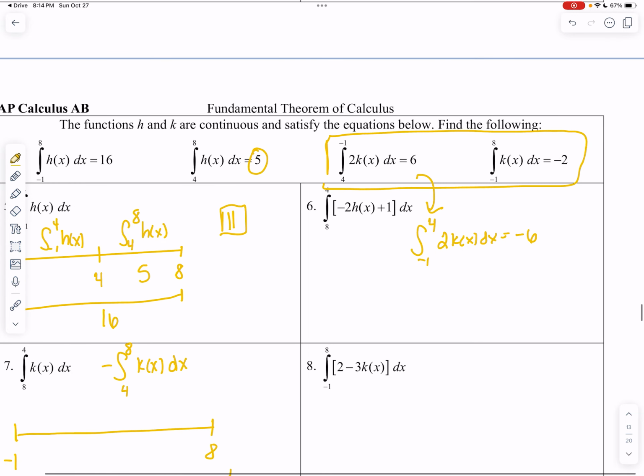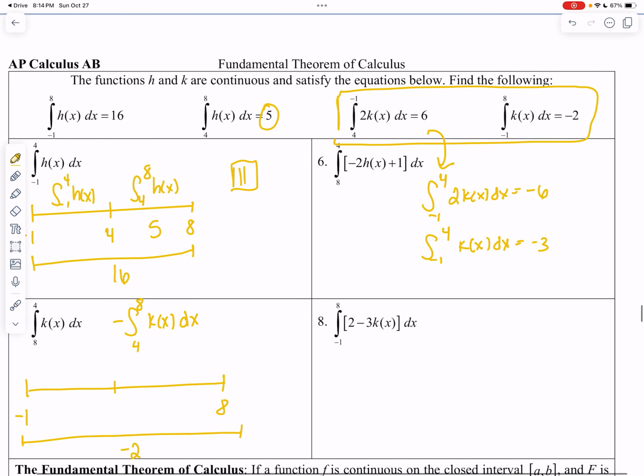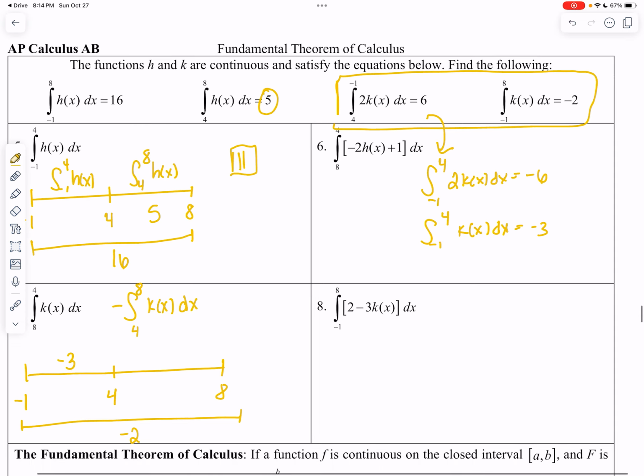So now this becomes the integral from -1 to 4 of k of x dx is equal to -3. So from -1 to 4 is -3. And then to get my integral from 4 to 8, that is going to be 1. But then because I have a negative symbol right here, my final answer is just -1.